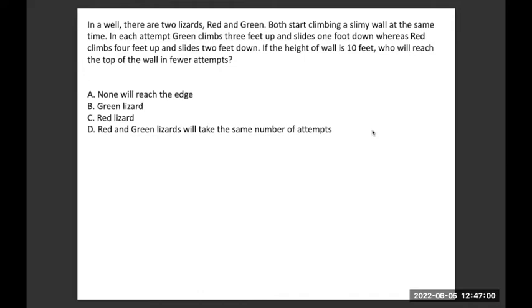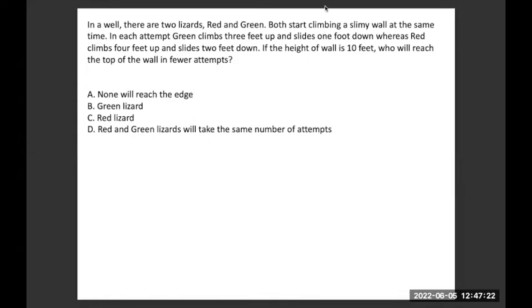Yes, Janvi, your answer is correct. Shaivi, Ria, your answer is wrong. Pant, your answer is wrong. Kritika, your answer is wrong.